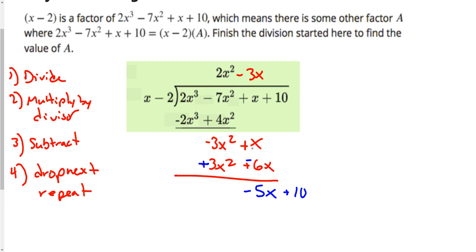And so that is minus 5. Negative 5 times x, negative 5x. Negative 5 times negative 2 is positive 10. We get the same thing. So when I change the signs, I get a 0.